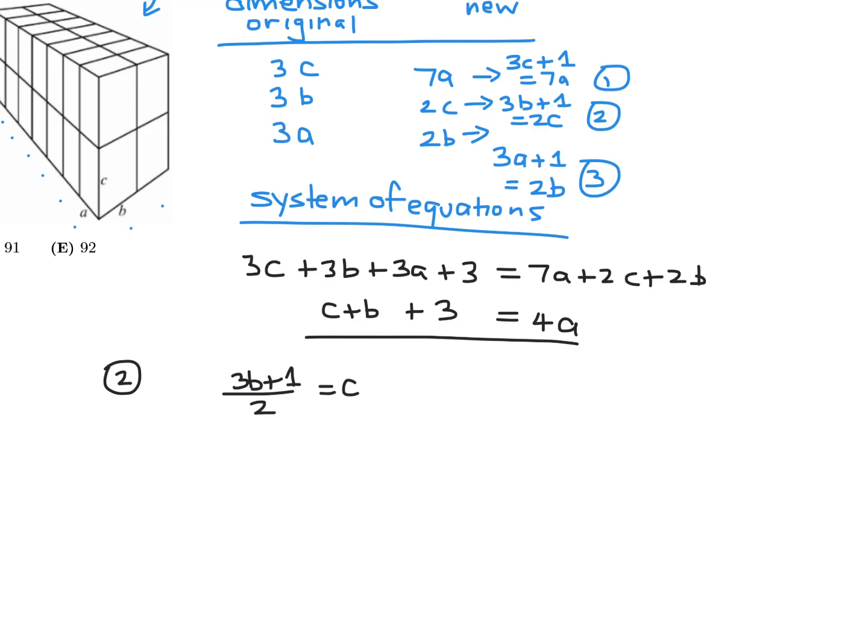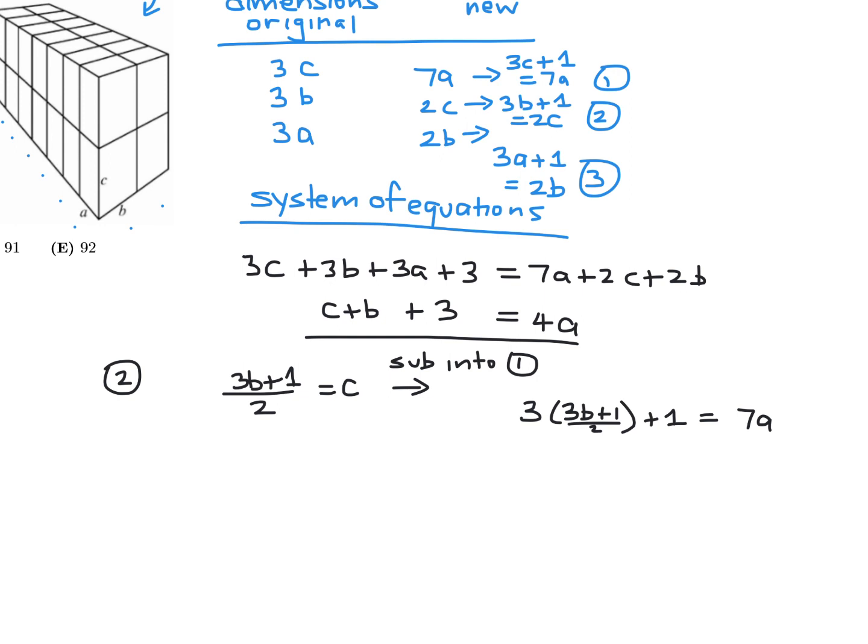Then we substitute this into equation 1, which is 3c plus 1 equal to 7a. That will allow me to get b in terms of a, and then I can substitute it into c.